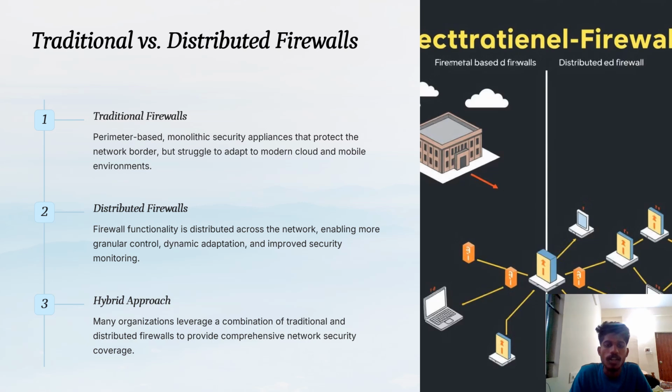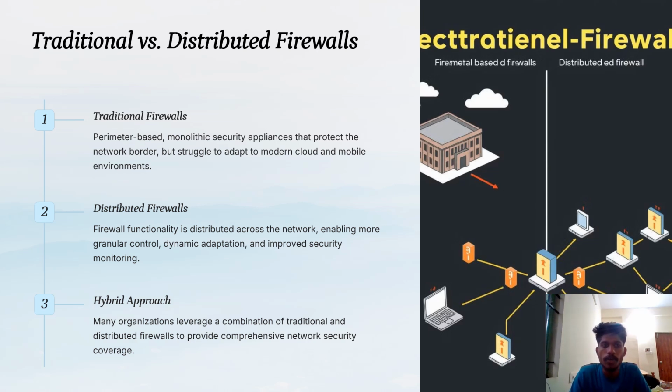Distributed firewalls: the firewall functionality is distributed across the network, enabling more granular control, dynamic adaptation, and improved security monitoring. Next, third one, we have the hybrid approach. Many organizations leverage a combination of traditional and distributed firewalls to provide comprehensive network security and coverage. So this was all about the traditional, distributed and hybrid approaches.